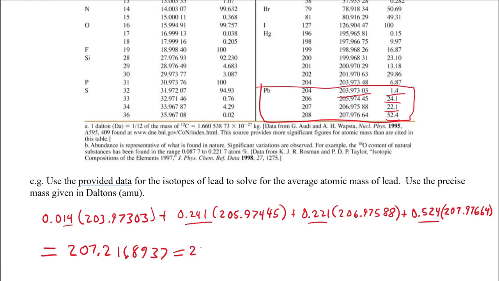So your periodic table will say 207.2. You can see how they got that here. Actually, I've added my units on. These are atomic mass units so that you can compare between masses of the different elements using those units. And that will be the final answer.